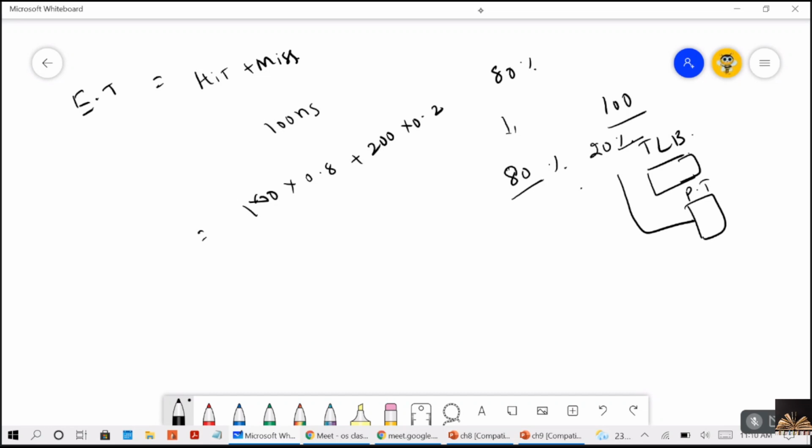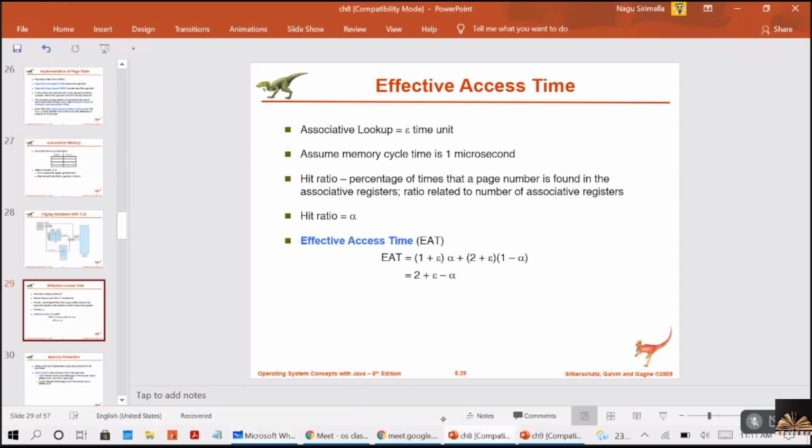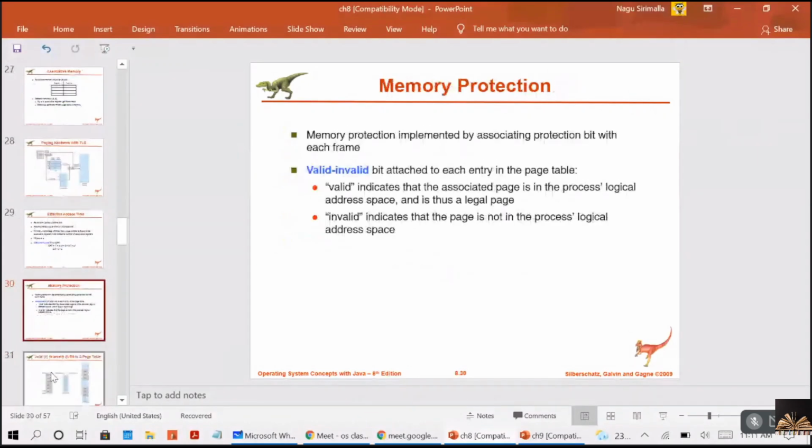Because if it is not there in the TLB, you require two memory accesses, one for the page table and another one for the actual physical memory, right? So that is the reason I have written 200 for the miss ratio. So totally you will get the effective time as 120 nanoseconds. This is the example I discussed for the effective access time.